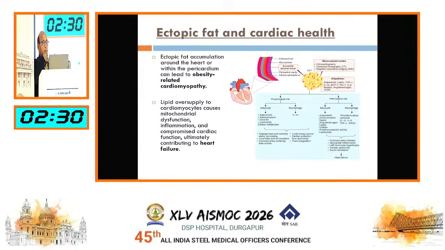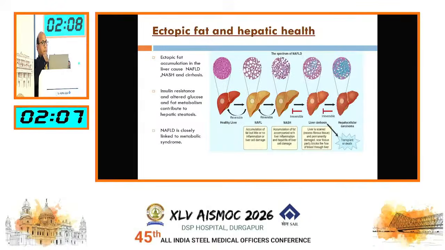In the case of cardiac health, ectopic fat accumulation around the heart or within the pericardium can lead to obesity-related cardiomyopathy. Lipid oversupply to the cardiomyocytes causes mitochondrial dysfunction, inflammation, and compromised cardiac function, ultimately contributing to heart failure. Ectopic fat accumulation in the liver causes non-alcoholic fatty liver disease, non-alcoholic steatohepatitis, and cirrhosis.